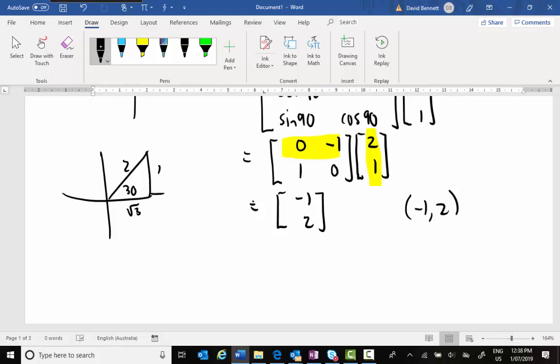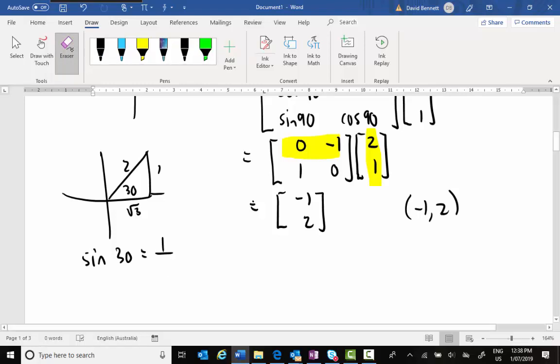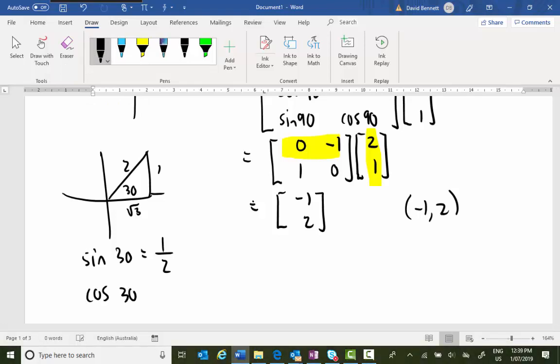So therefore I could say, sine of 30 degrees is equal to 1 over 2, and cosine of 30 is equal to √3 on 2.